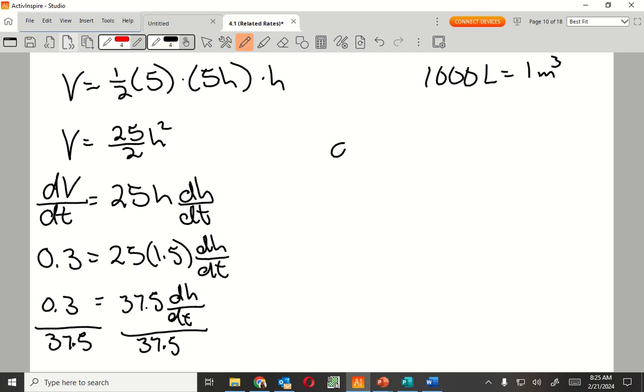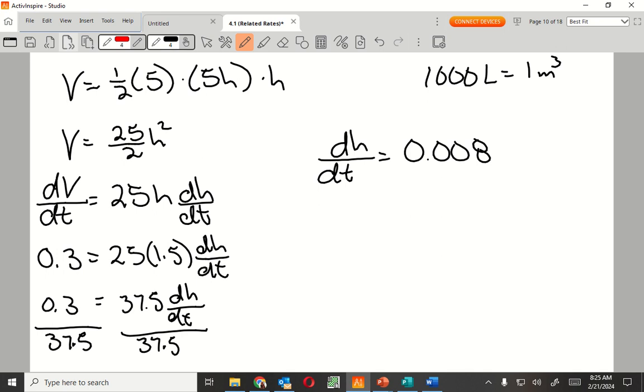So dH/dt is equal to 0.008. And what are my units? This is the rate of change for what? What's dH? Height, right? So the height is going to be linear. I know this was a volume problem, but I'm only going to refer to the height on this one.